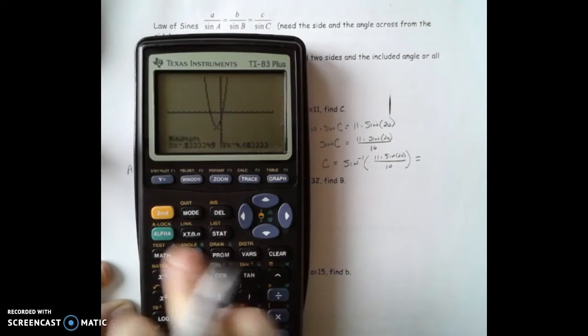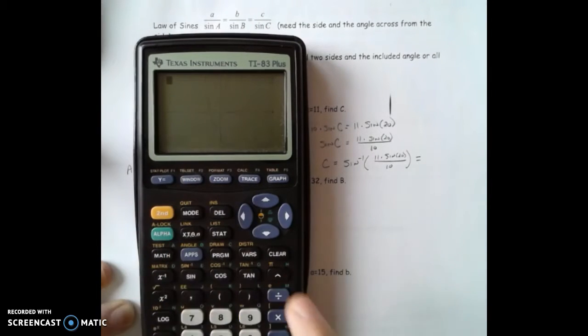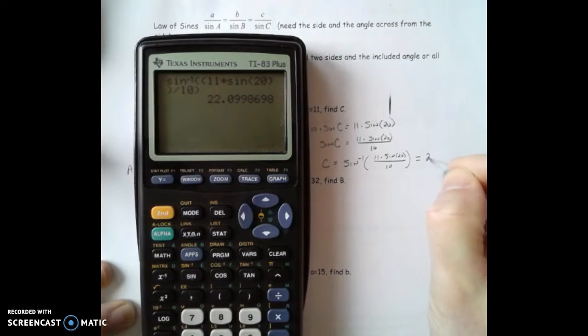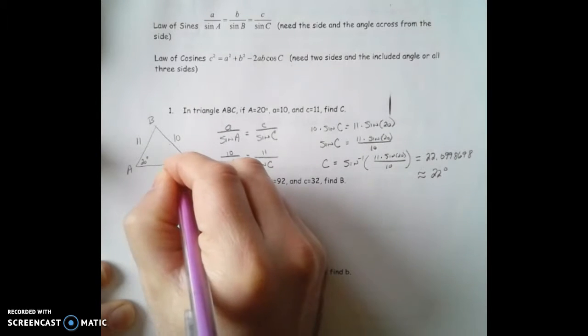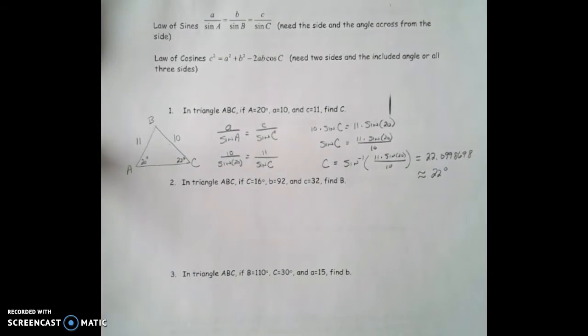I'm doing the inverse sine of, I'm going to open up another parenthesis here, 11 times the sine of 20 divided by 10, and I get this decimal here, 22.998698, and so I'm going to say that this is approximately 22 degrees, to the nearest degree. Angle C right here is about 22 degrees.